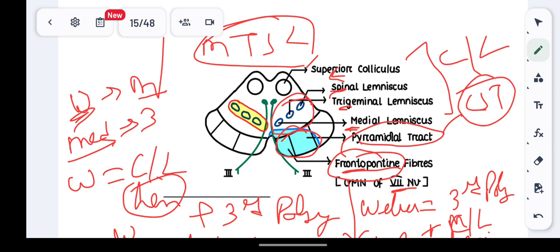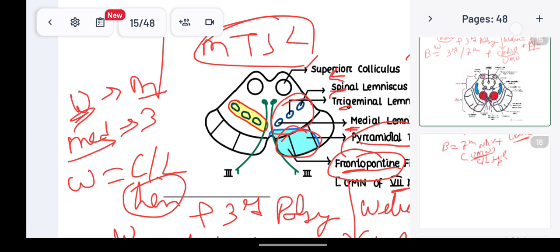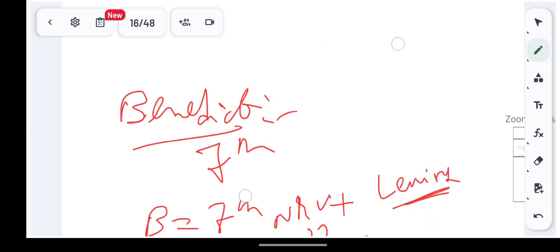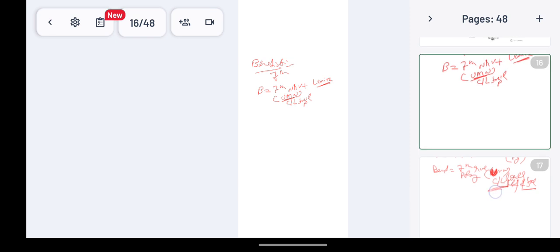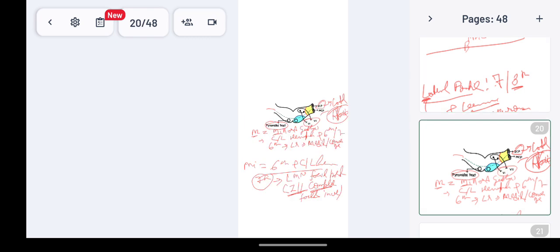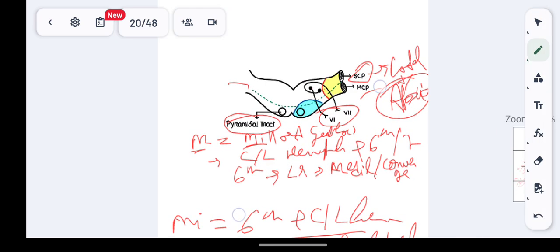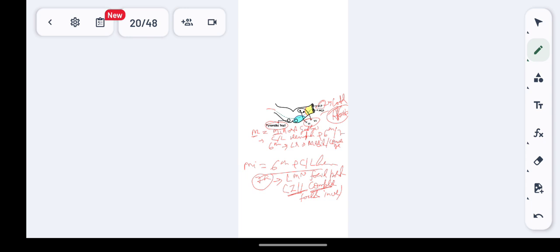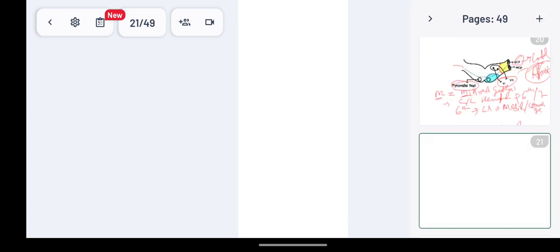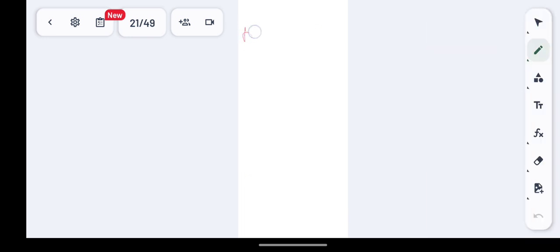See, we can see it will go lateral only. In this picture also you can see. Here they haven't mentioned. So lemniscus means lateral, LC lemniscus, LC lateral. Or in the picture also we saw it is coming like this, lateral side. So what are the lemniscus features? We will see here only. See, MTSL, M for medial lemniscus.